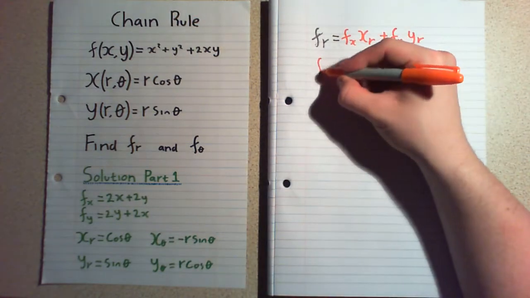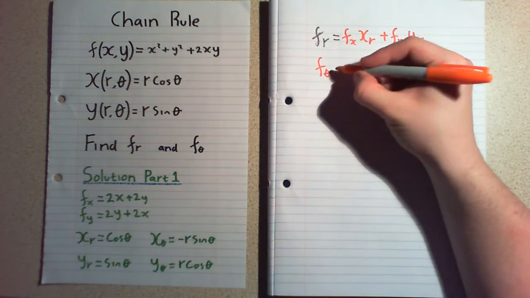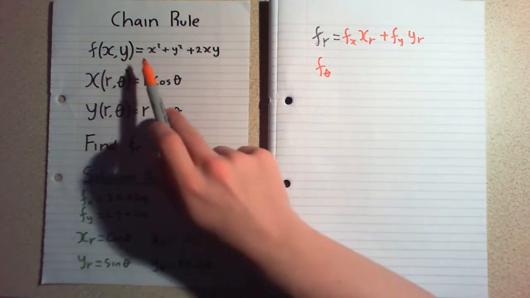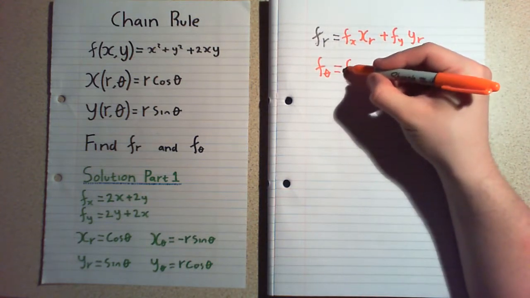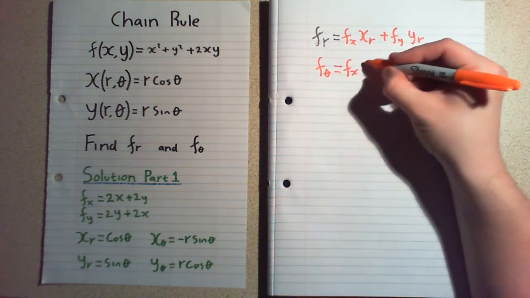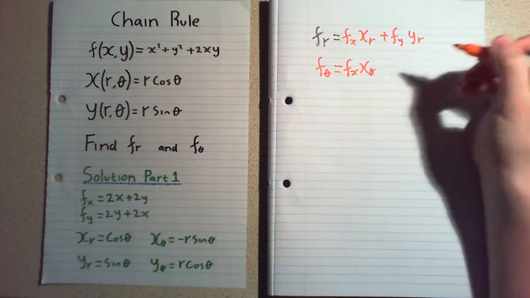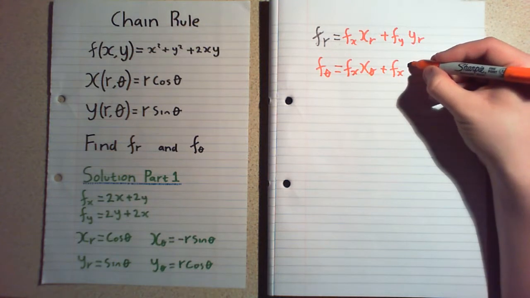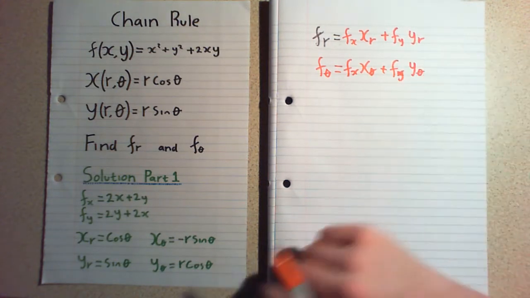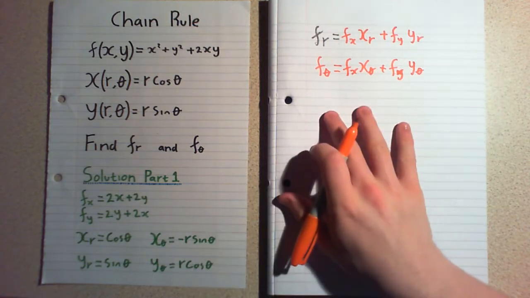And then you can also find f with respect to theta, just like when we find two different derivatives for x and y. For this we also find two different ones: f with respect to x again by x with respect to theta, plus f with respect to y by y with respect to theta. And that's all you do, right?